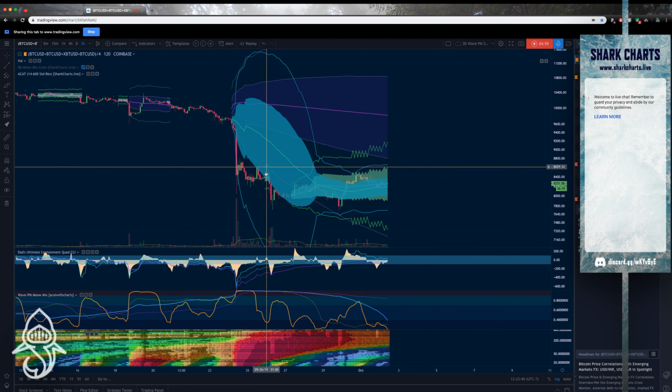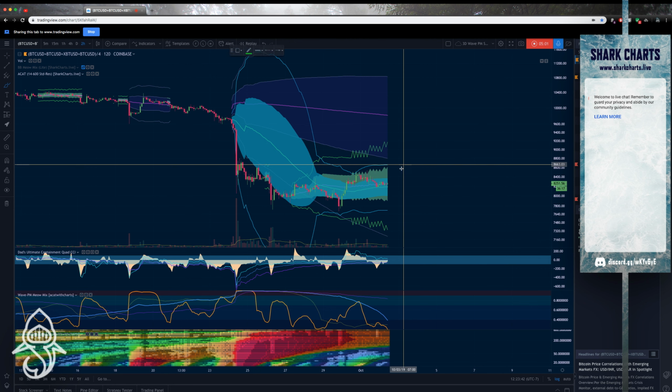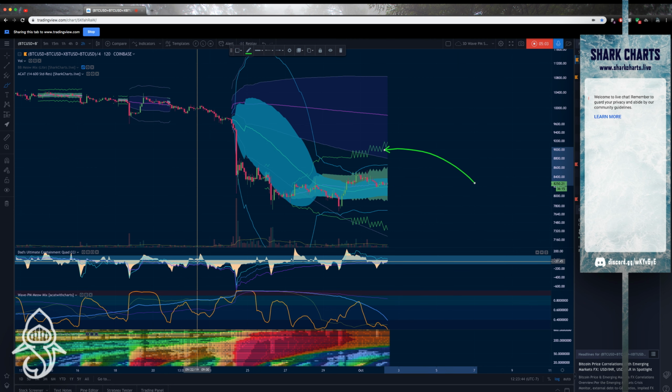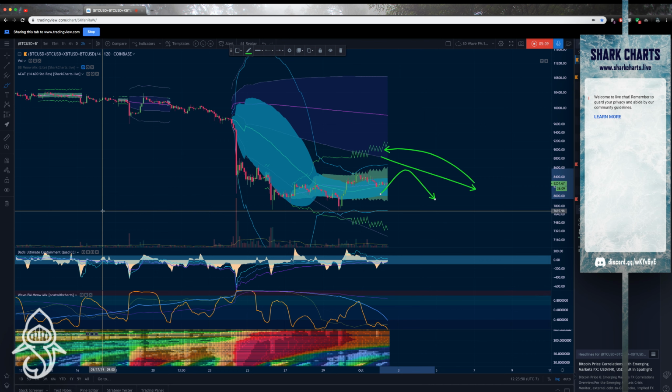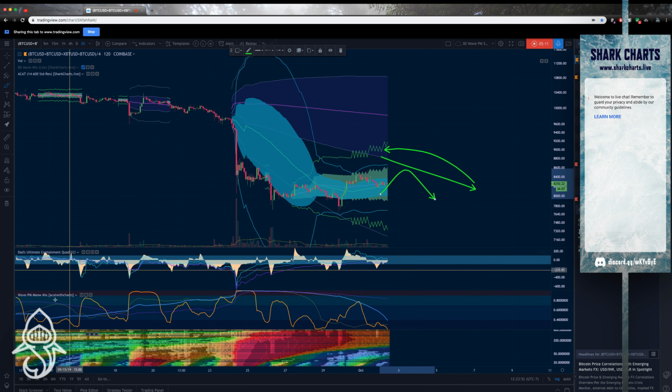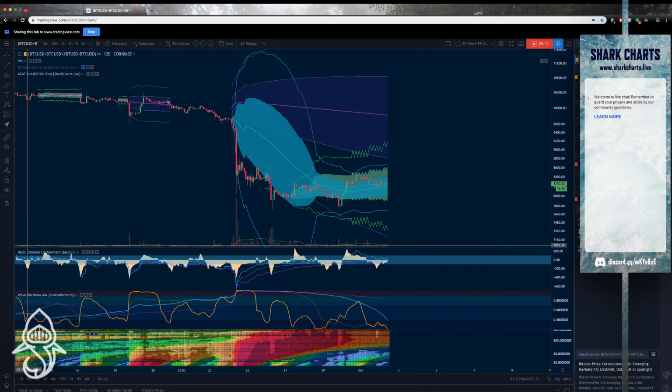You could use a 50 period CCI rollup after condition activation for longs, and then you could just use the rejection from that 1.25 standard deviation of the 500 period for short entries. Just be aware that every time we approach the pivot, it's 50-50 either way, right?